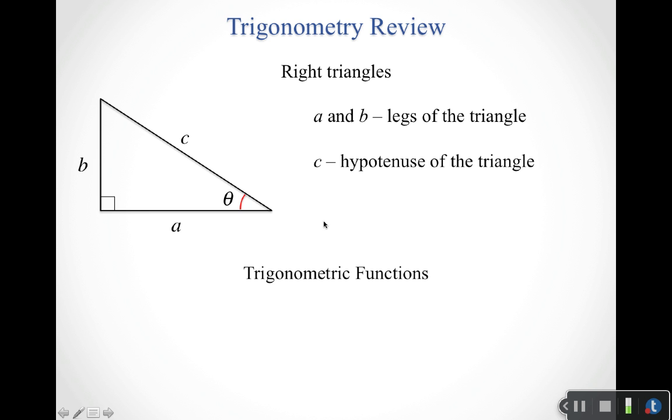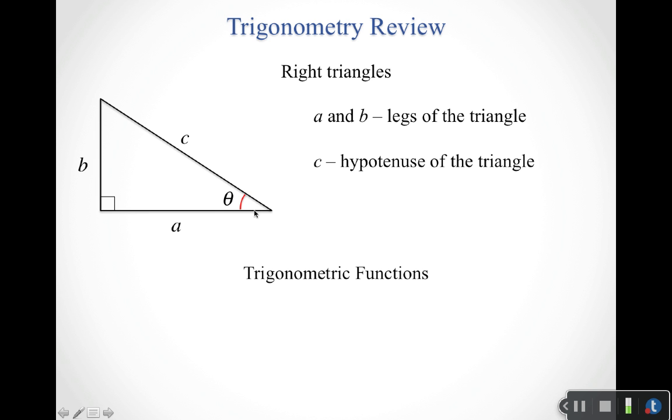All right, the other three things that we're going to make sure that we understand are our trigonometric functions. So the first thing that we need to do is pick an angle. And here I happen to have chosen this particular angle down here, theta. We always draw in our angle from the hypotenuse to one of the legs.